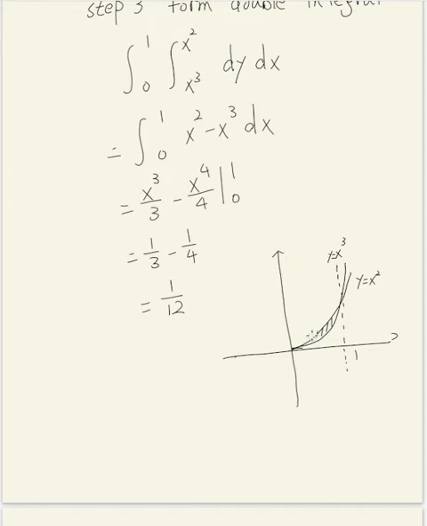We can certainly do that. If we consider y equals x squared to be the left bound, and y equals x cubed to be the right bound, then the lower bound would be just y equals 0, and the upper bound will be y equals 1, which is obtained by plugging 1 into either one of these functions.